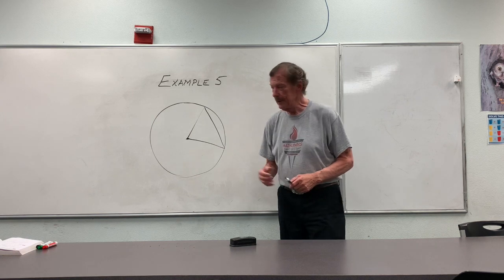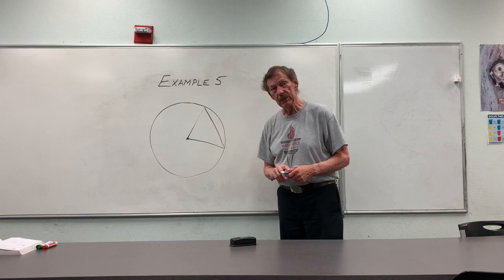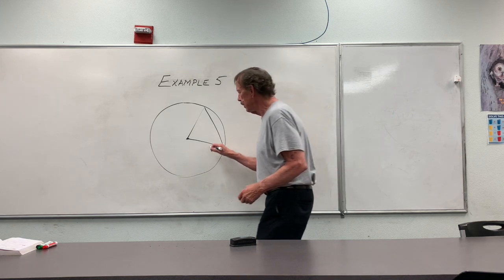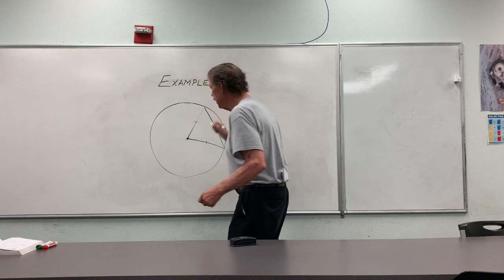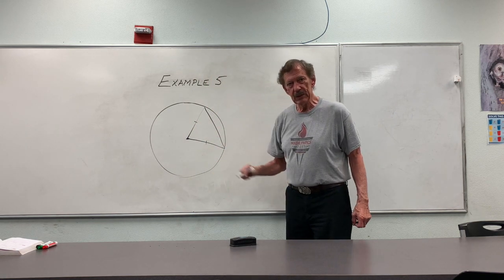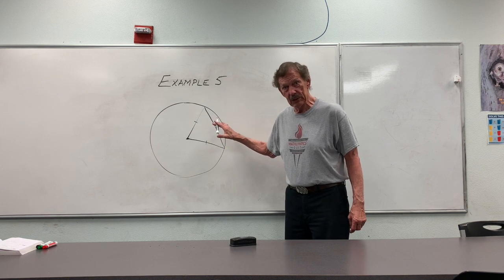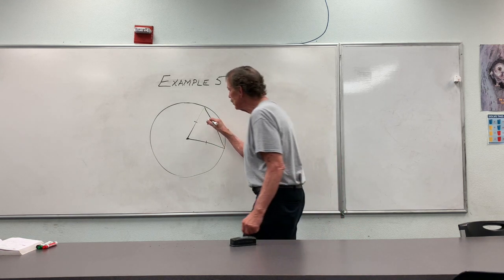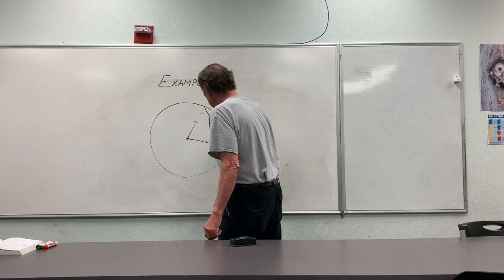Boys and girls, that means these two pieces are equal. That means this is an isosceles triangle. So the base angles are equal.